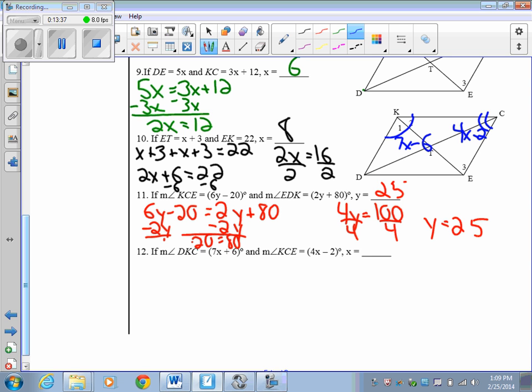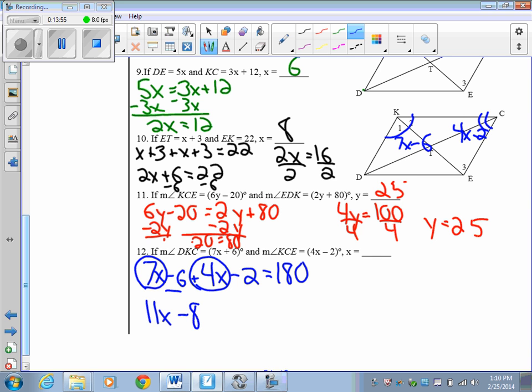So we know those two angles are supplementary because they're consecutive. So we get 7x minus 6 plus 4x minus 2 is equal to 180. Again, consecutive angles are supplementary in a parallelogram. Combining like terms, I get 11x minus 8 equals 180.